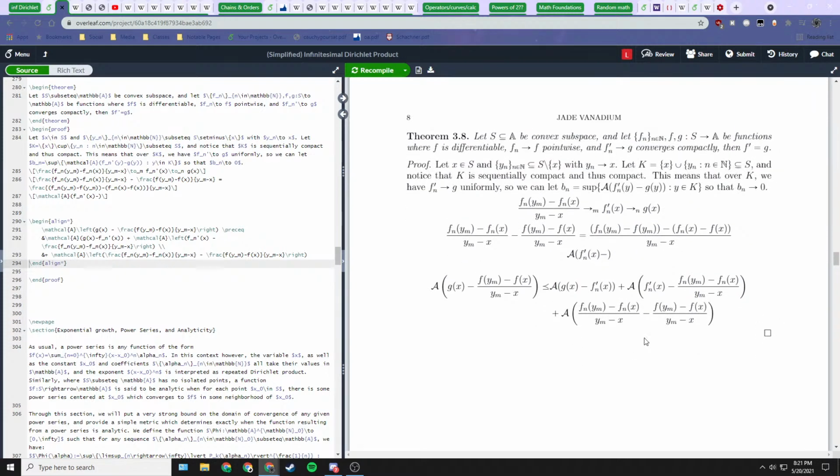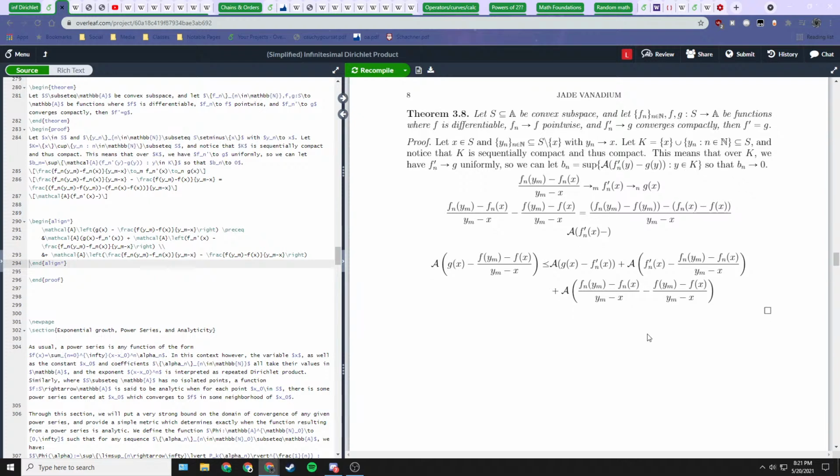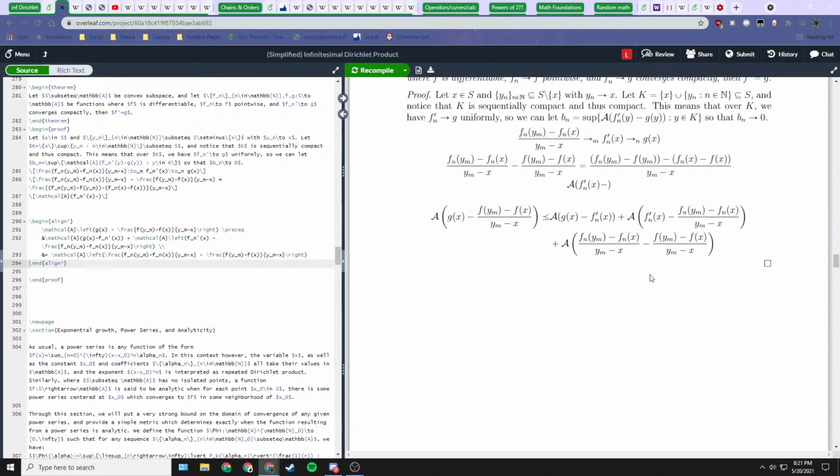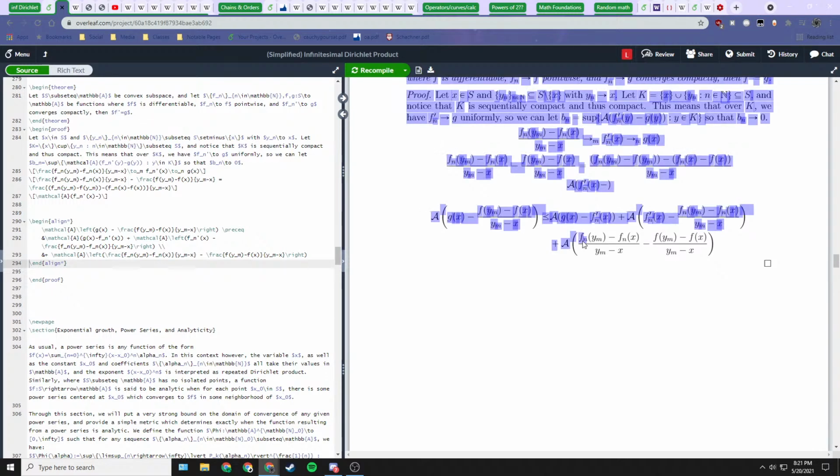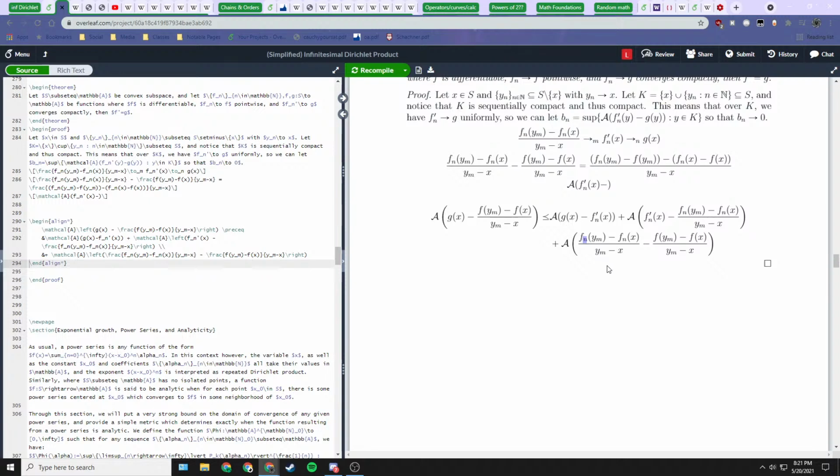To do that, we can show there's perhaps sufficiently large n to make this formally, okay, I know why.